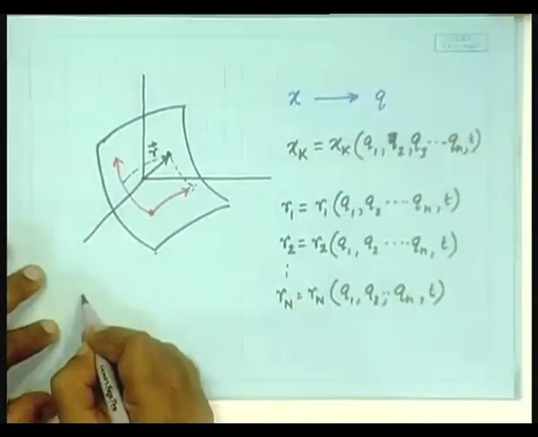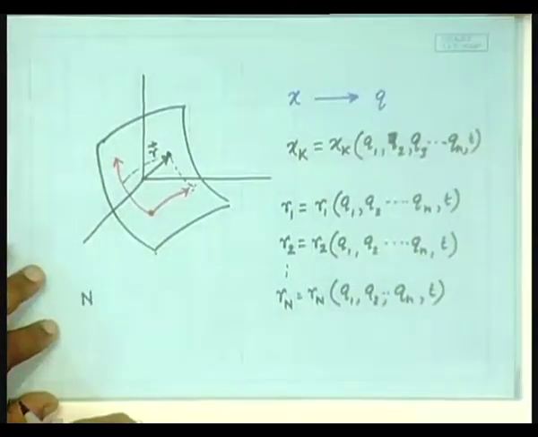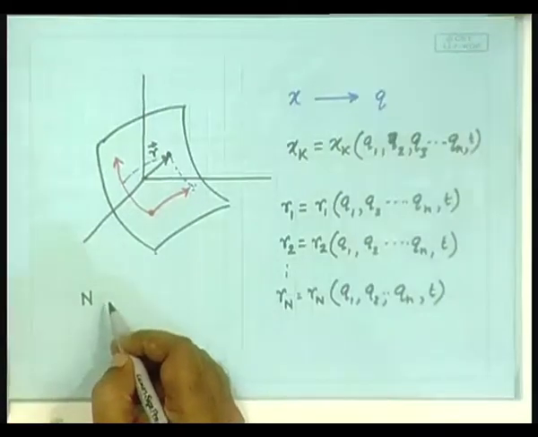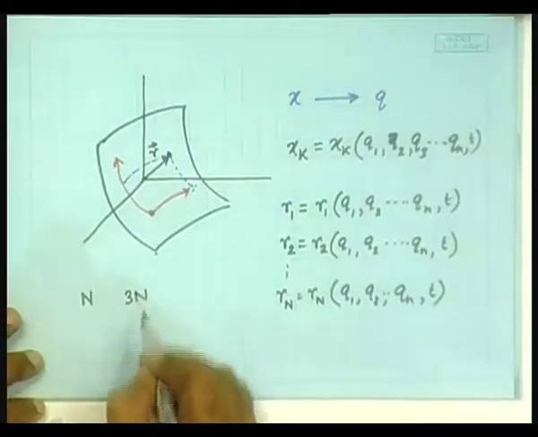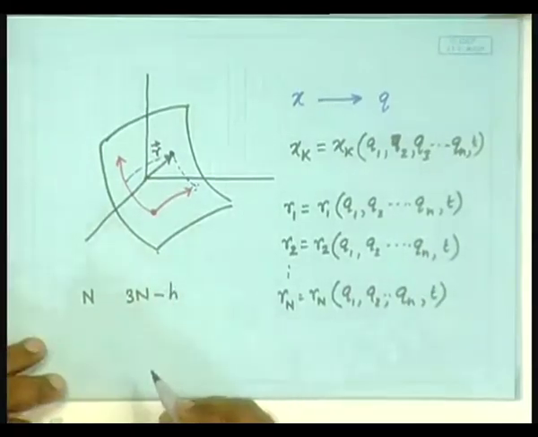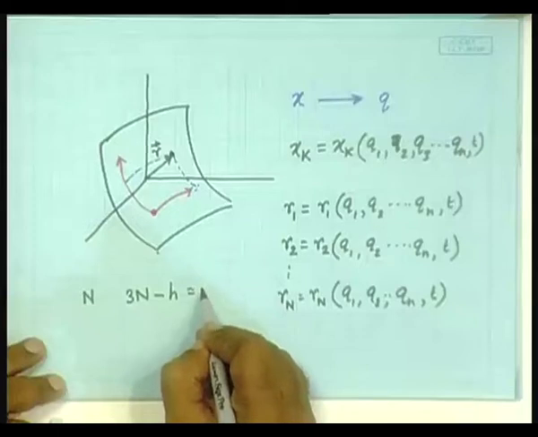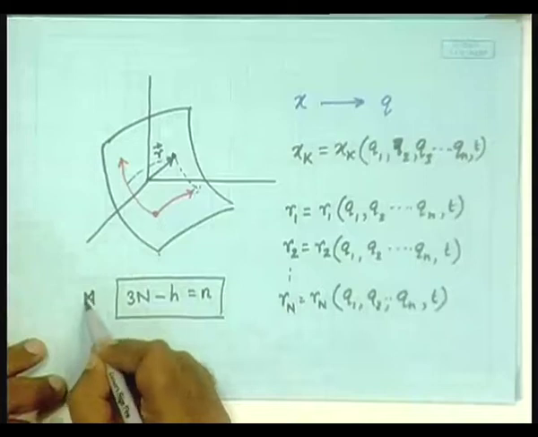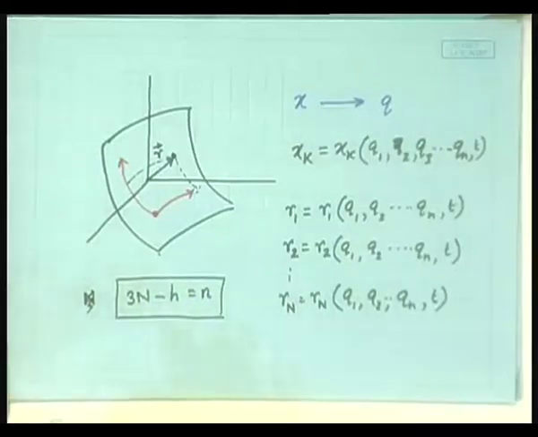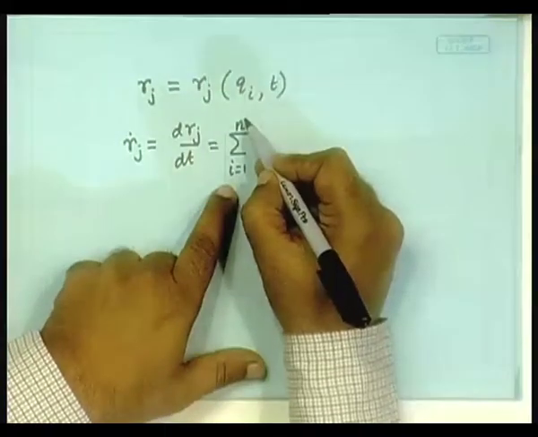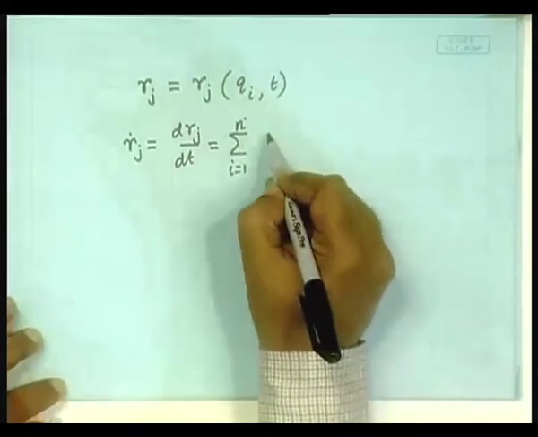Let me write somewhere, the number of bodies was capital N. So, the number of configuration coordinates was thrice n, the number of holonomic constraints was h, or small n the number of new coordinates that we need, and that is what we are writing in terms of that 1 to small n.